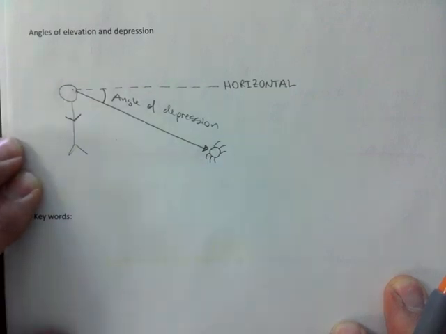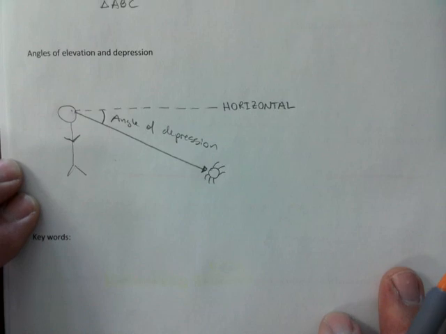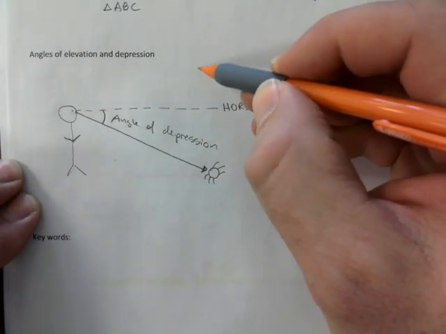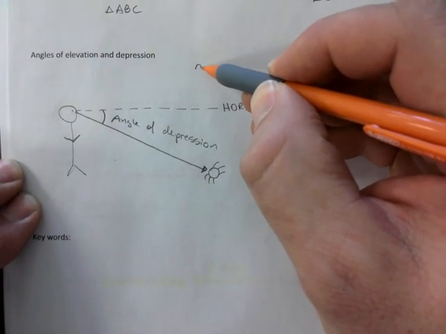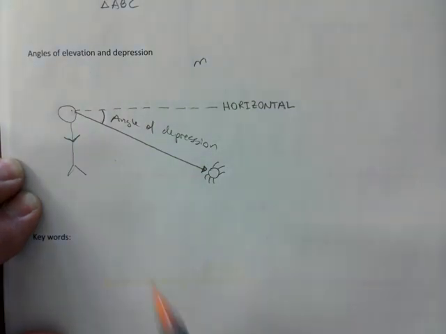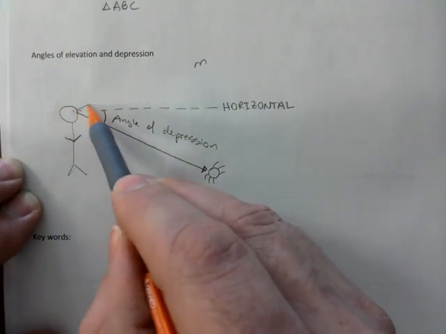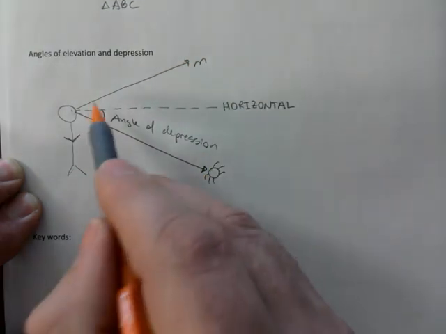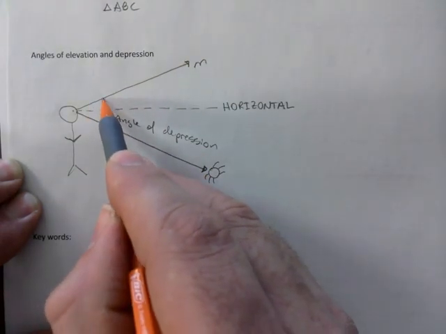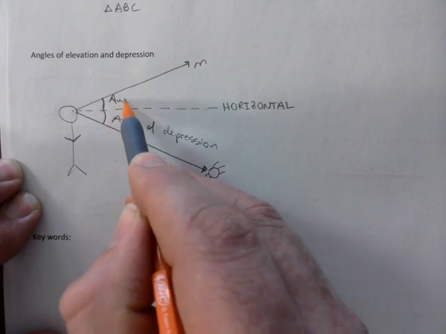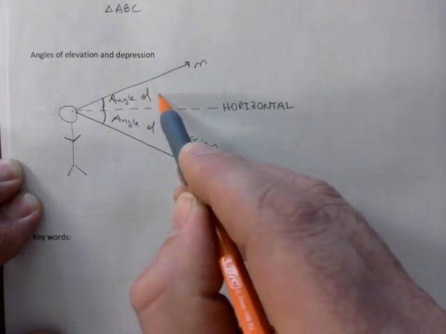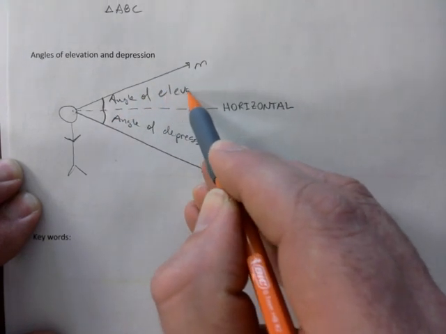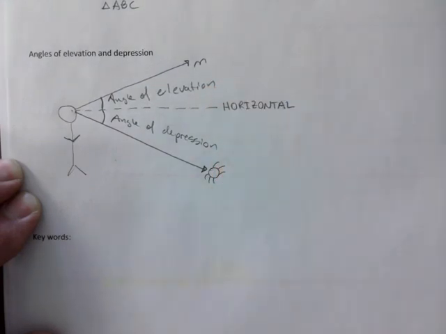And you're going to have to know where it should be going. If you're looking at something that's high up in the air, a plane, a kite, a bird, then you're looking up. And so this angle formed here is the angle of elevation. That one, most of us can wrap our heads around.